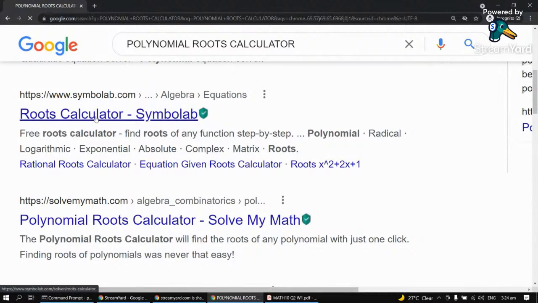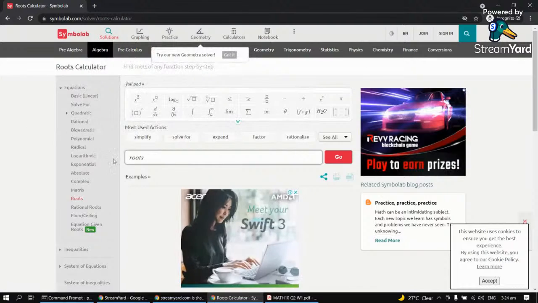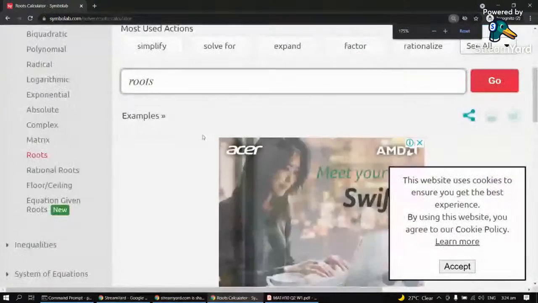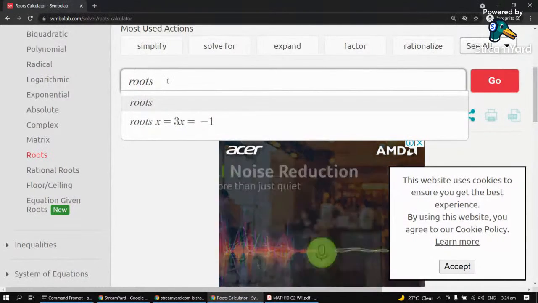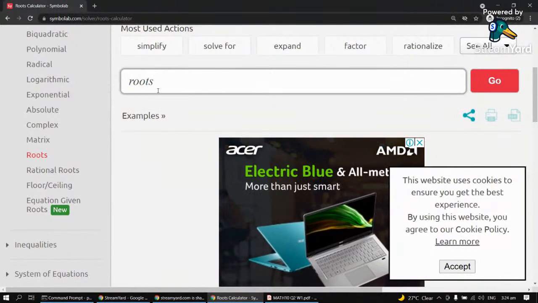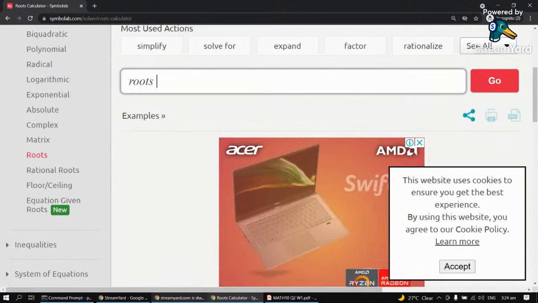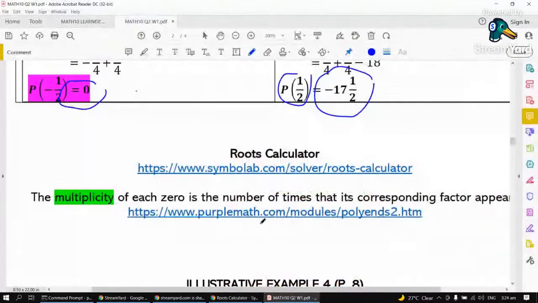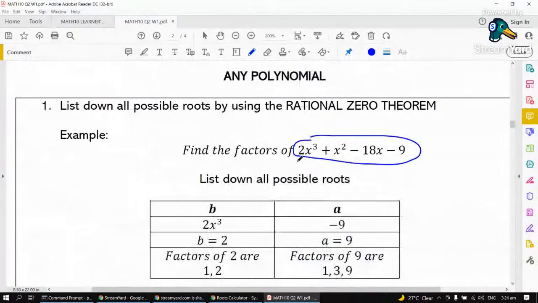So, press ko yan. Yan. So, may makikita kayo dito na window. Nakalagay roots. Ibig sabihin, hahanapin niya yung roots ng itatype mo dito. So, ang hanapin natin roots is, para ma-check natin, ito, 2x cube.